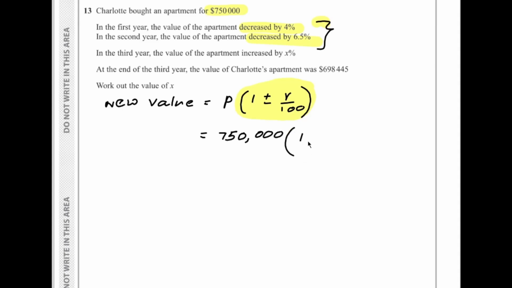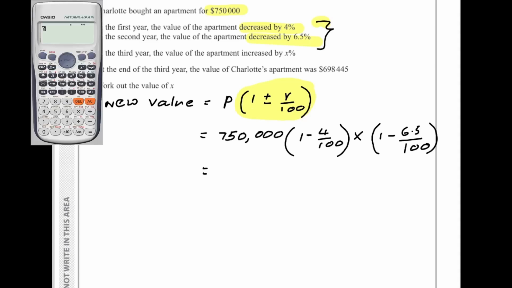After that, now getting decreased for the first year by 4 over 100, into second year also getting decreased, 1 minus 6.5 over 100. Then let's use the calculator and get the value.